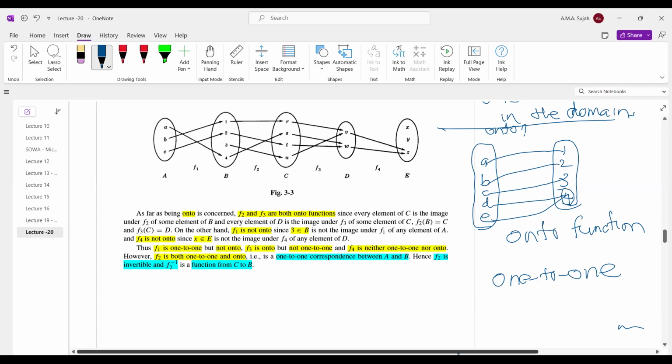Every element in the codomain is the image of at most one element in the domain. I already told you that for one-to-one, two different domain elements cannot have the same output. But here, D and E are two different elements in the domain that have the same output 4. So it is not a one-to-one function.